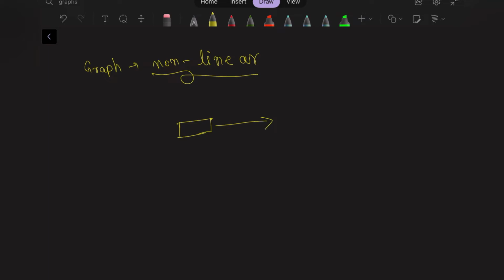A linked list node is connected to only one node. Maybe it's a doubly linked list, then it will connect to the previous node and the next node. If you look at this, we can easily see that this node is connected to only one node.